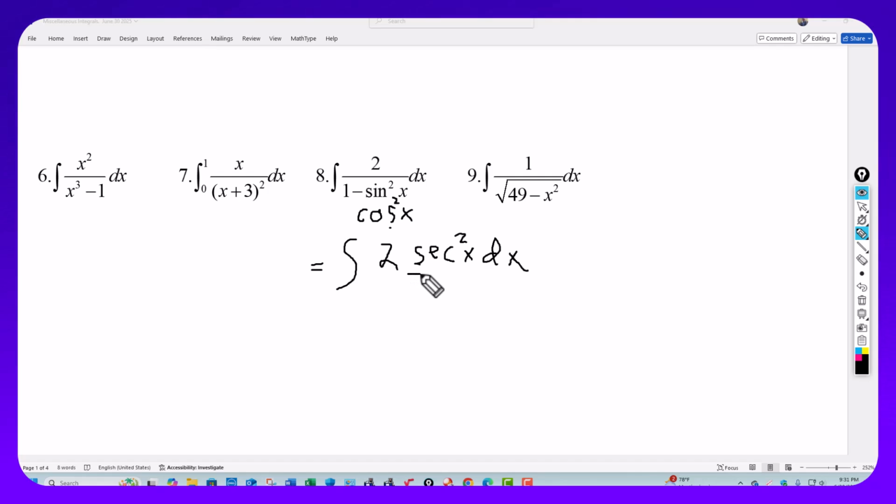And then you have to know the basic integrals for the trig functions. Secant squared has an integral of, the constant comes along for the ride, tangent of x plus the constant of integration. And that's your answer for that one.